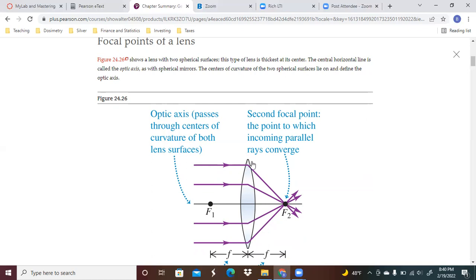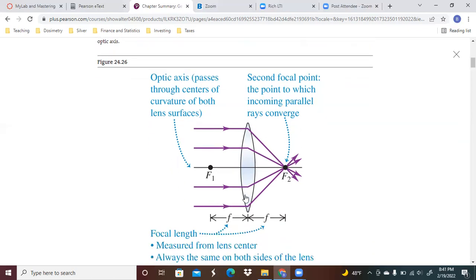So it's like you've got a surface here that would have your focus here, and then you would have another one here, which ends up producing a focal point over here. The optic axis passes through the centers of both. You can see the rays coming in here and then eventually converging at this particular point.